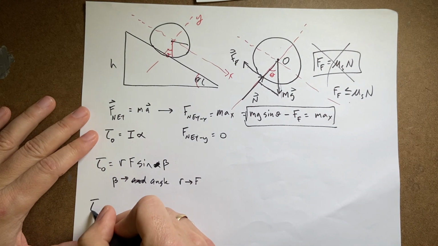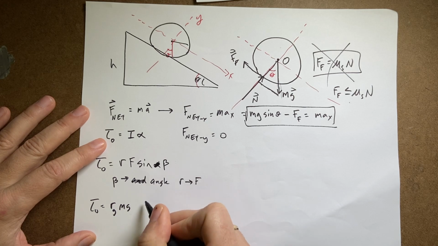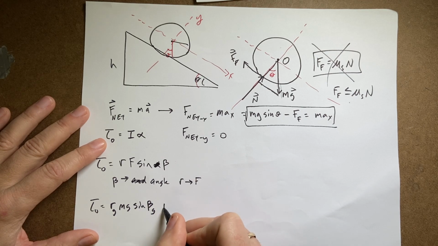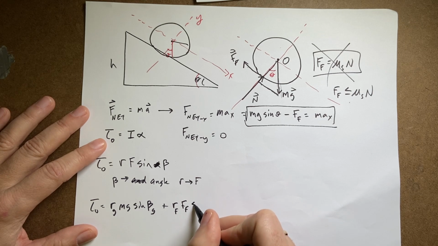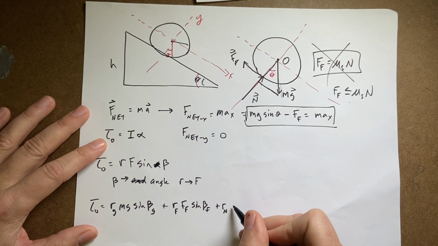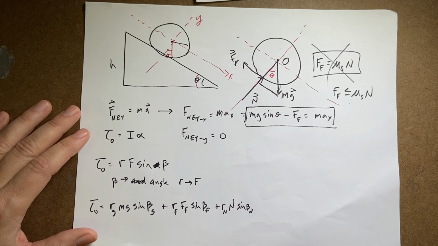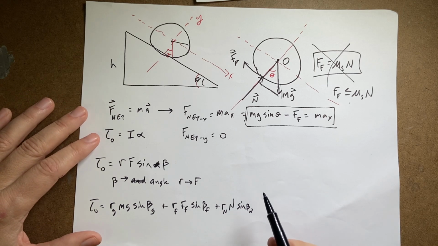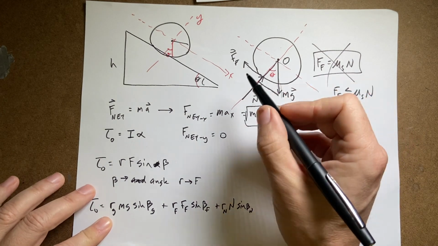So I can write this as torque equals R_g times mg times sine of beta_g plus R_friction times F_friction times sine beta_friction plus R_n times N times sine beta_n. How's that? And there are positive and negative directions, but I don't think we need to worry about that because right here, R_g for the gravitational force is 0.